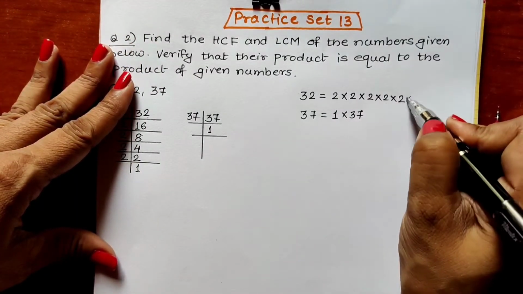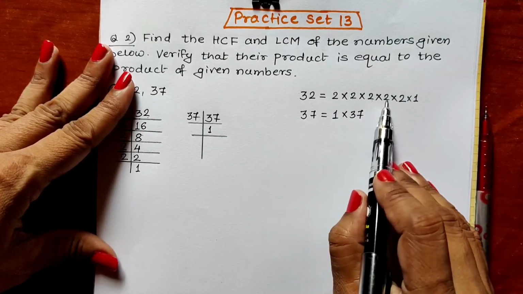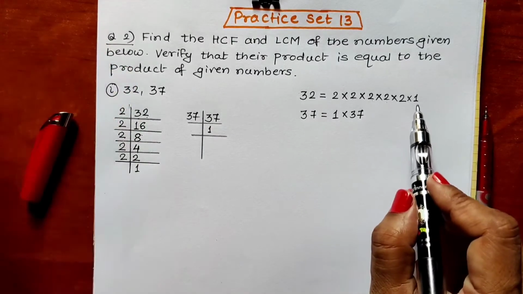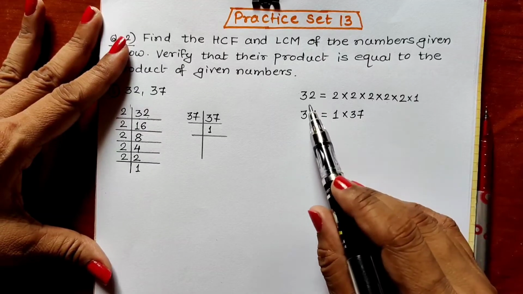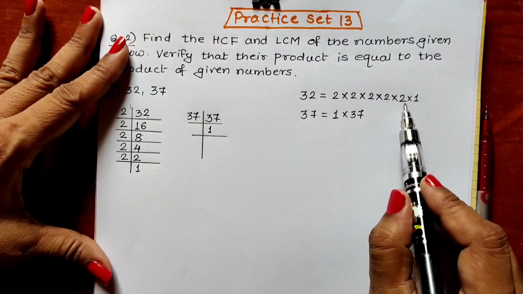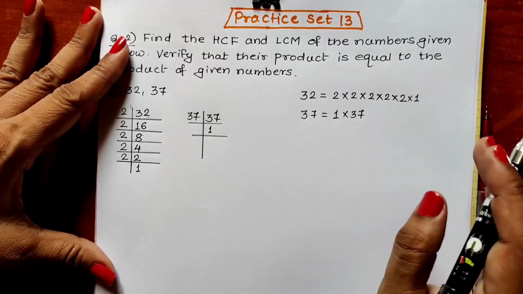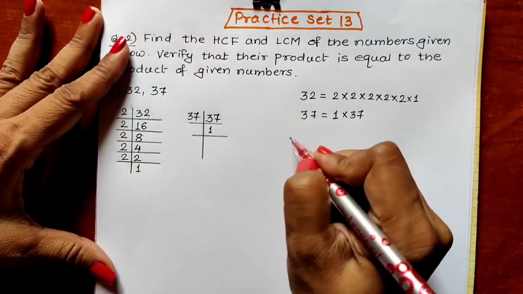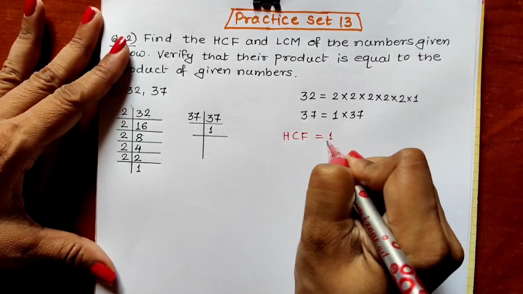If I write 1 at the end, it doesn't make any difference: 2 twos are 4, 4 twos are 8, 8 twos are 16, 16 twos are 32 and 32 ones are 32. 1 multiplied by any number gives that number. So if there is no common factor, HCF is always 1. So the HCF of 32 and 37 is 1.